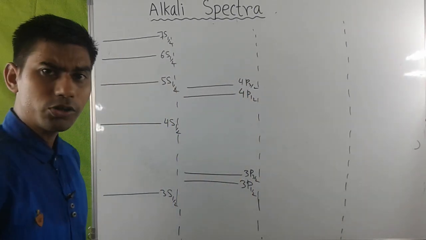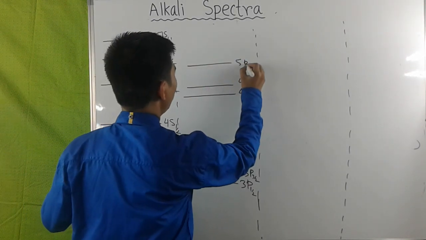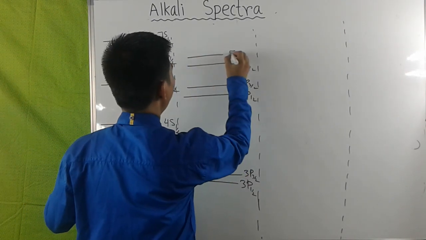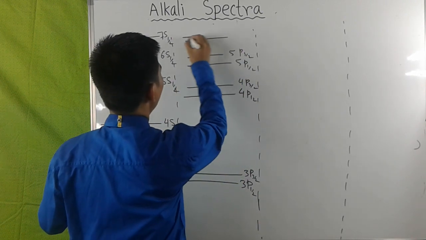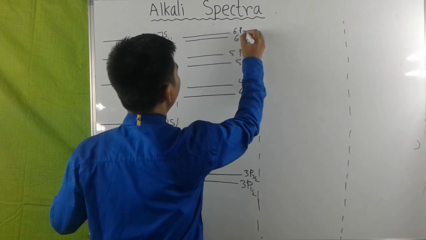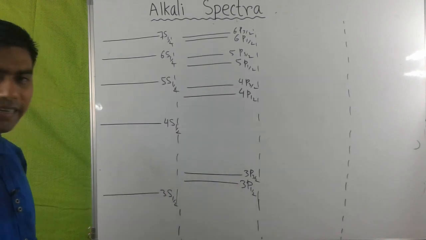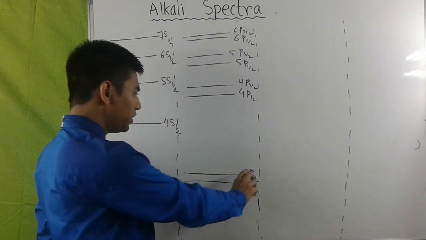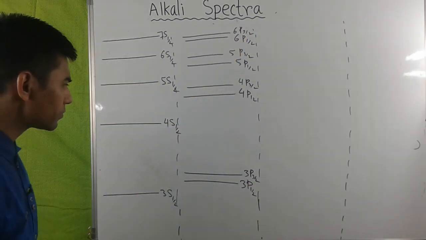Now the 5p level is also divided into two sublevels. Suppose this is the 5p 1/2 level and this is the 5p 3/2 level, and the 6p level is divided into two sublevels. This is the 6p 1/2 level and this is the 6p 3/2 level. Okay, so these are the split energy levels, the 3p, 4p, 5p and 6p energy levels.